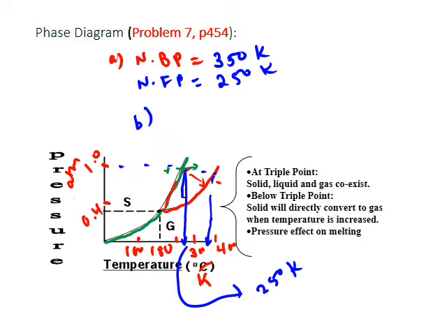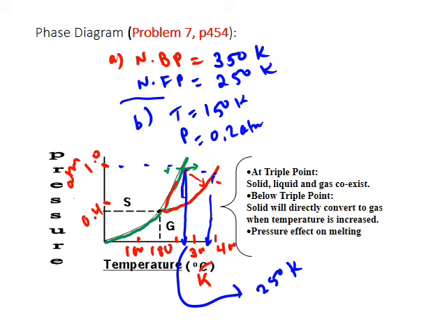Now in 7b, the question is, what is the physical state of the substance under the following conditions? Temperature is 150K and pressure is 0.2 atmosphere.